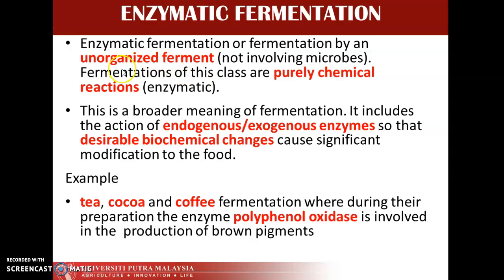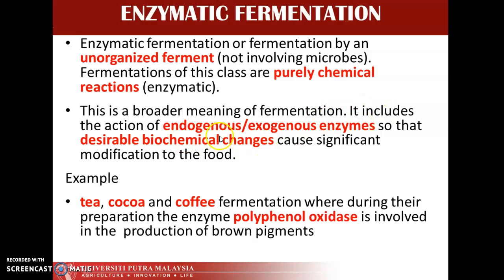Enzymatic fermentation is fermentation by unorganized ferment. Unorganized ferment means it is not involving any microbes. They are purely chemical reactions which are enzymatic. So for example, tea, cocoa and coffee, when we ferment them, they turn brown by the action of the enzyme polyphenol oxidase, and they don't involve any microorganism at all. Okay, so it means that this is a broader meaning of fermentation.